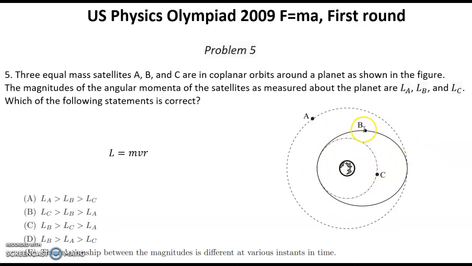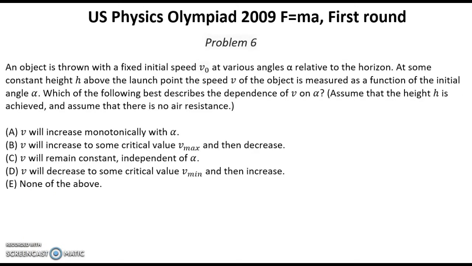That means that angular momentum for B greater than for C. And we can just write this relation that LA greater than LB greater than LC. This is the answer for problem 5.